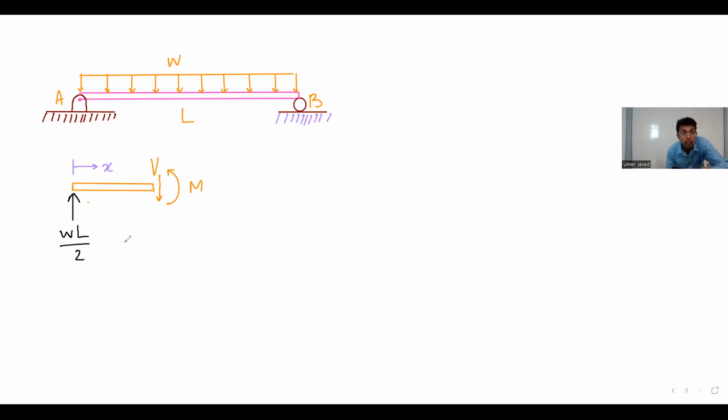So this is my V, and I can say plus V, minus WL by 2, and then I also have load acting from the top.